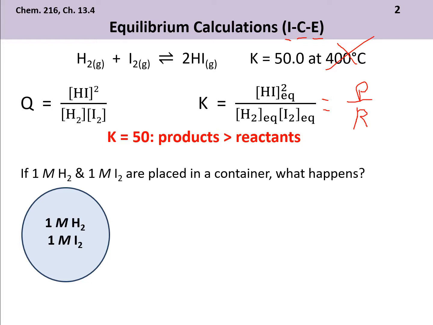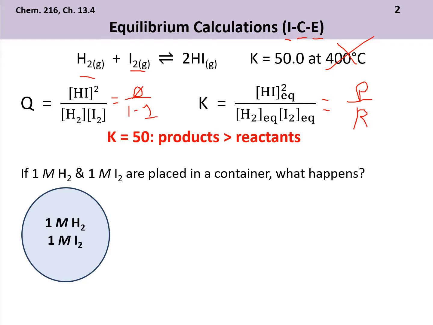H2 and I2 are 2 of my reactants, and I have 1 mole of each of those. Notice I say nothing about HI, so that means there's none.